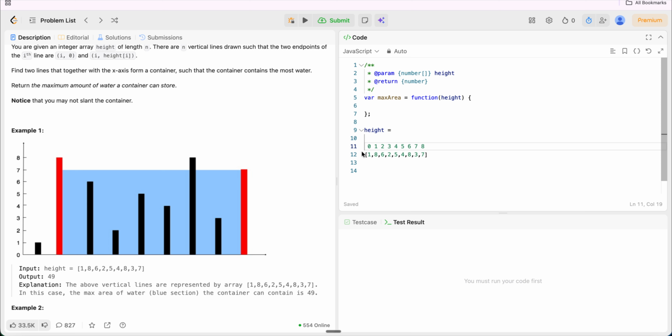So 8 minus 0 would be 8, into 1 unit height. This is the reason why we are able to get the total water content as 8.